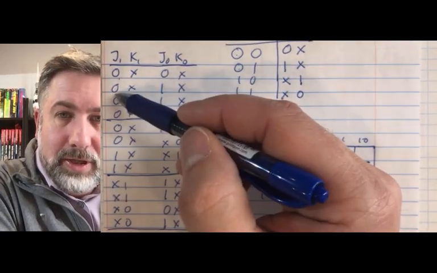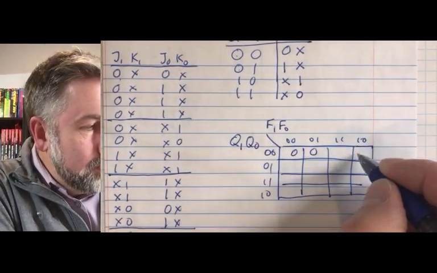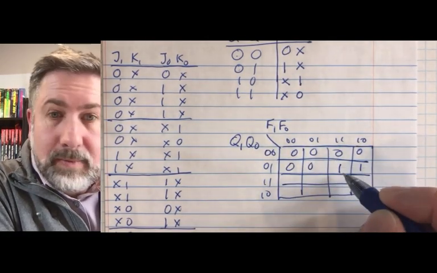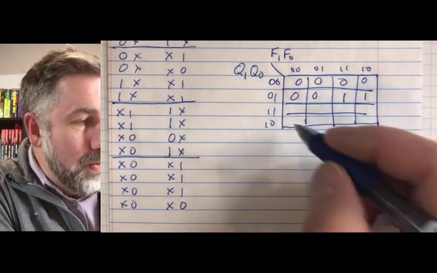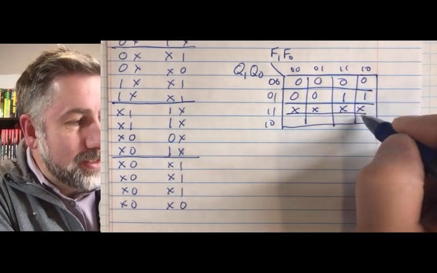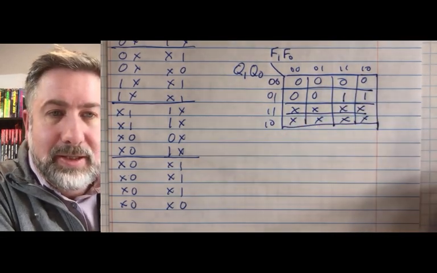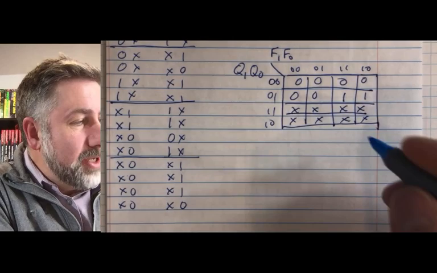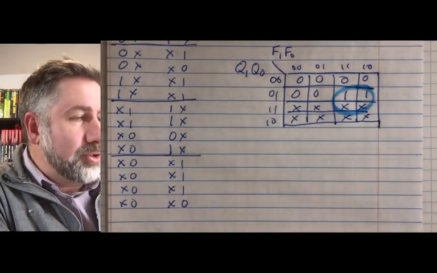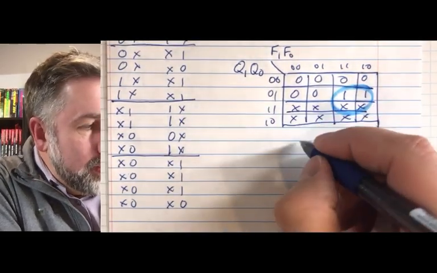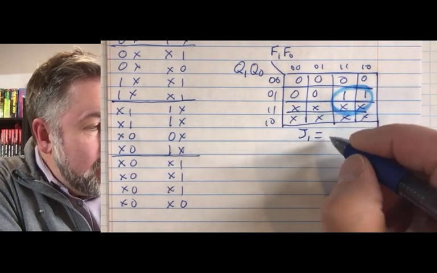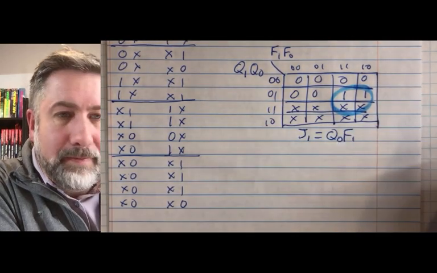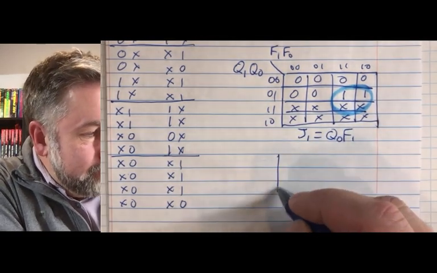I can just go down the row. 0, 0, 0, 0, 0, 0, 1, 1. And then, x, x, x, x, x, x, x, x. Wow. So, although I have to do twice as many K-maps, the K-maps are significantly simpler. J1 is just equal to Q0, F1.